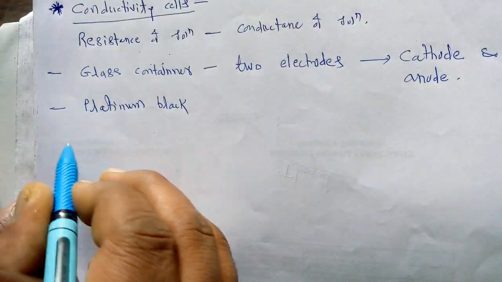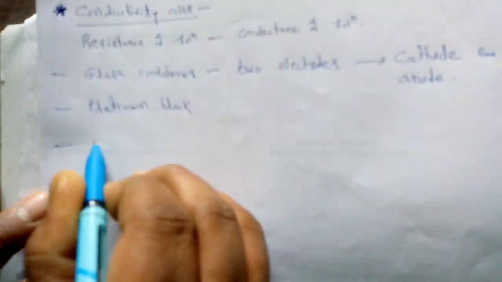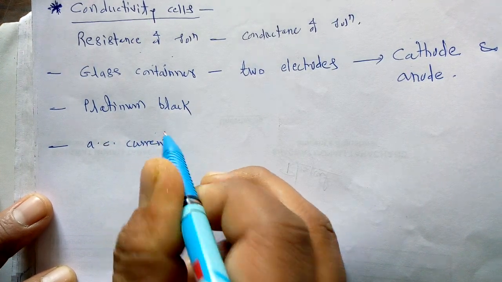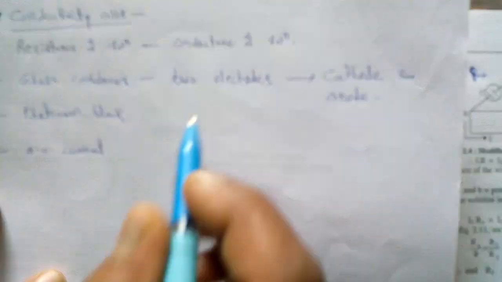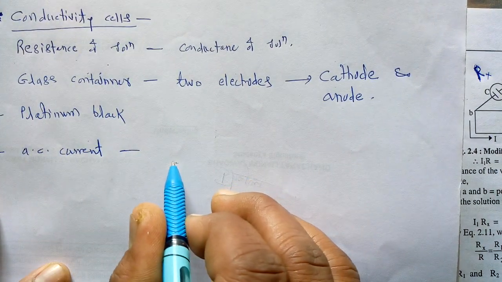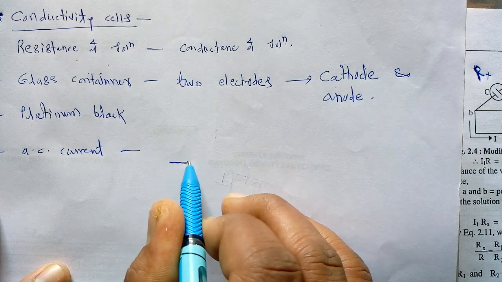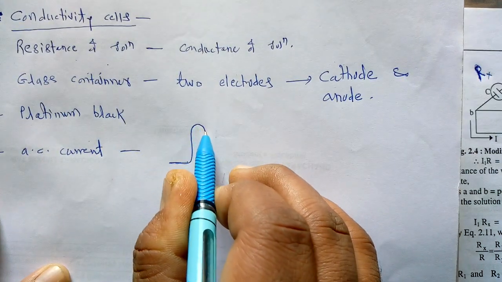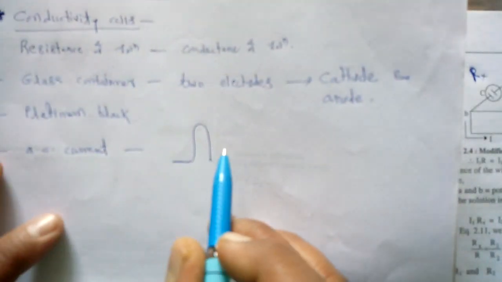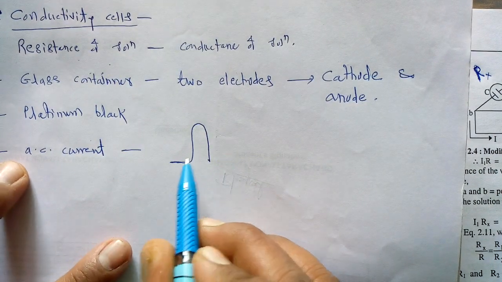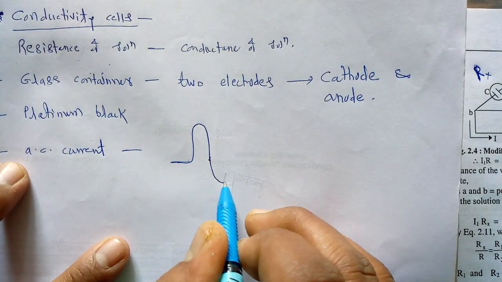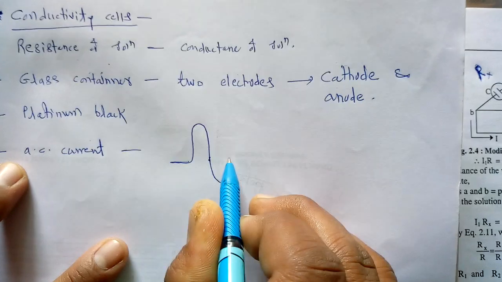Whenever we use this AC current, suppose during the first half cycle some change in concentration takes place. This concentration change gets nullified at the second half cycle.